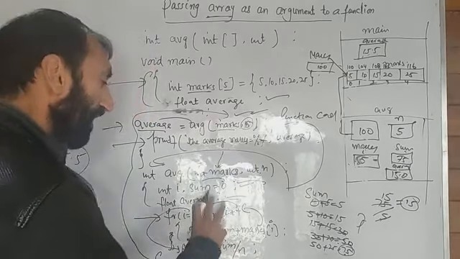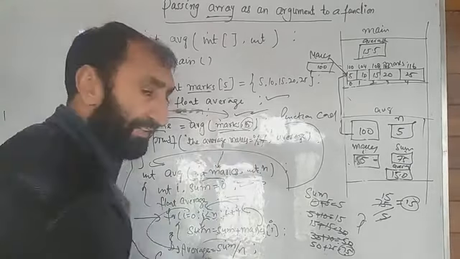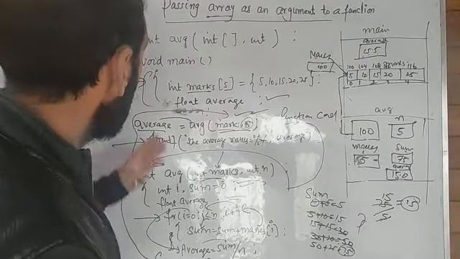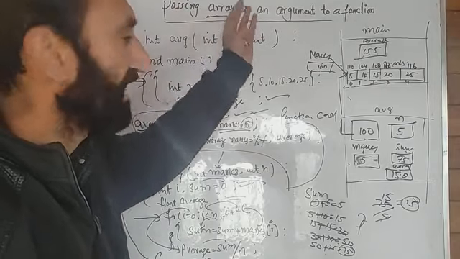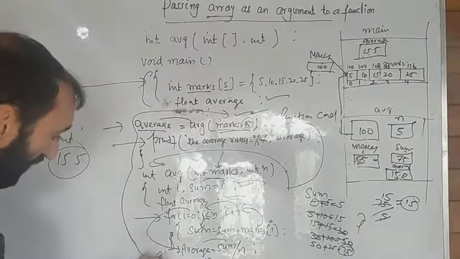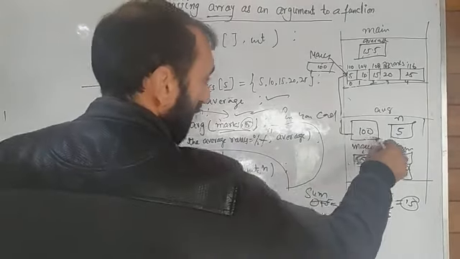So both the call by value as well as the call by reference concepts were used in this program. I hope now you have understood how to pass the array as an argument.